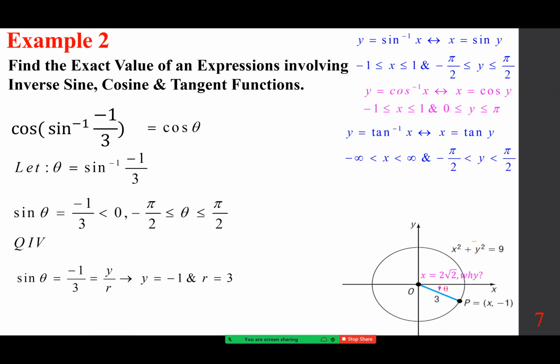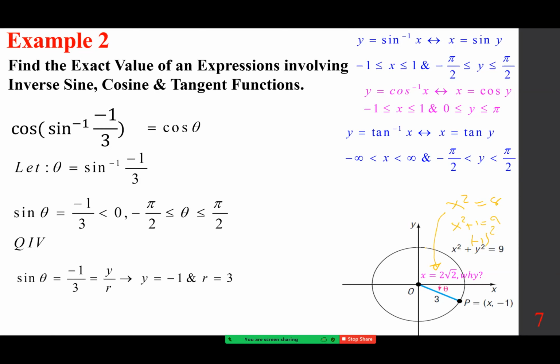If you do that, that means 1. That means x squared is 8. X is plus minus square root of 8, which is plus minus 2 square root of 2. In the first and fourth quadrant, x is positive.